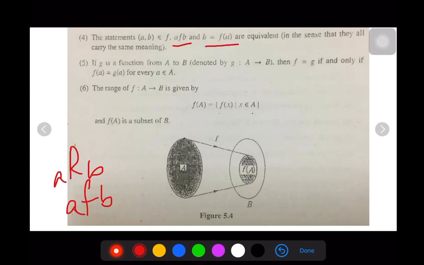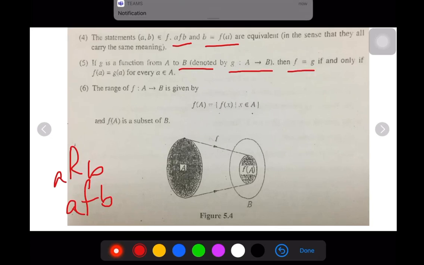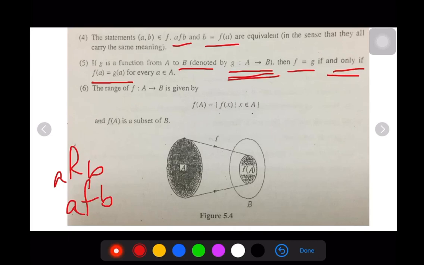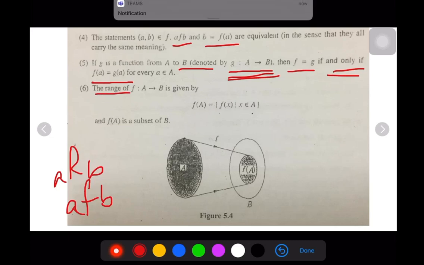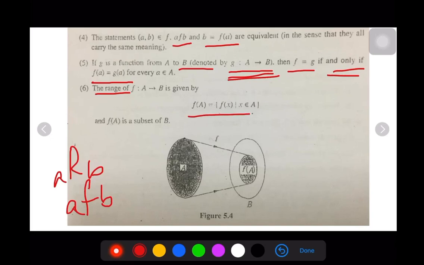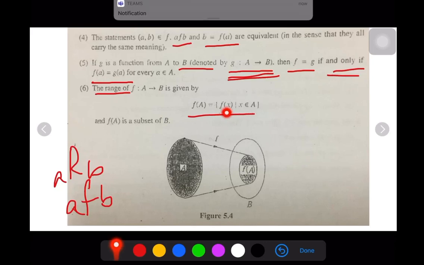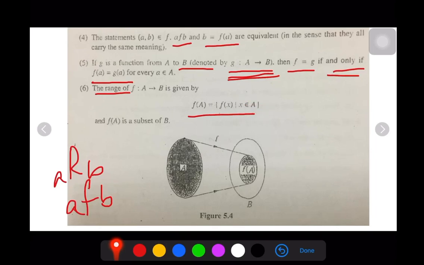If G is a function from A to B and denoted this way, then F is equal to G only with the condition that F of A is equal to G of A for every element of A. Then you can say that G is a mapping from A to B. And the definition for a range: the range is F of A, equal to the set of all F of X such that X belongs to A. All the elements X are taken from A. Look at the diagram.